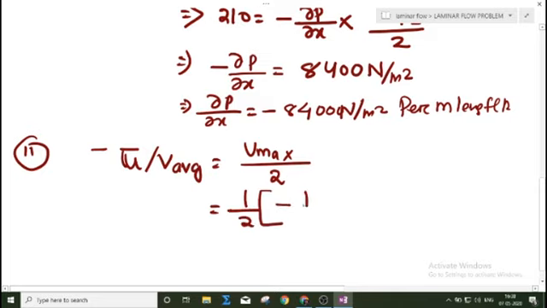The maximum velocity formula is minus 1 by 4 mu into del P by del X into R square.